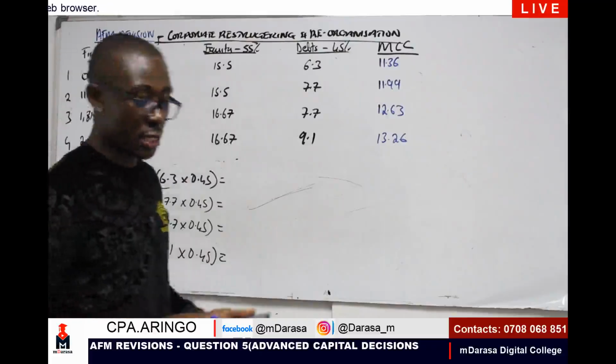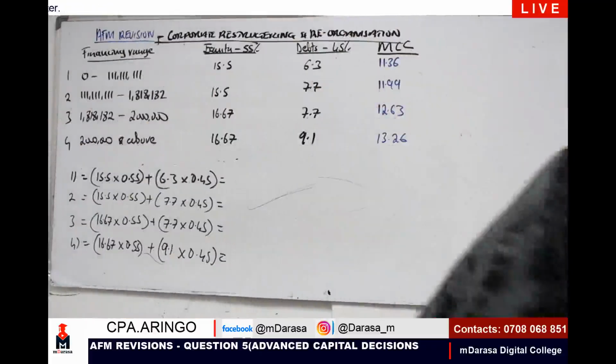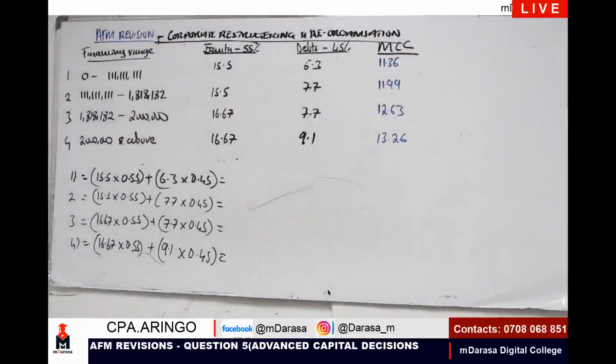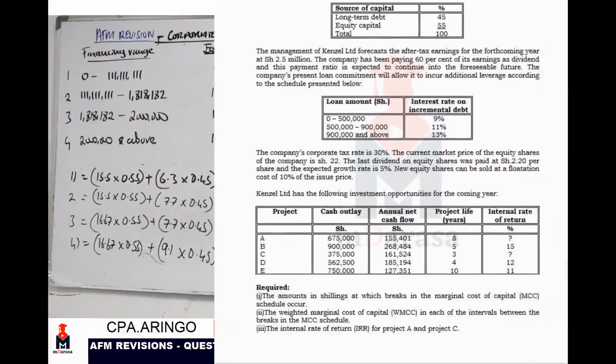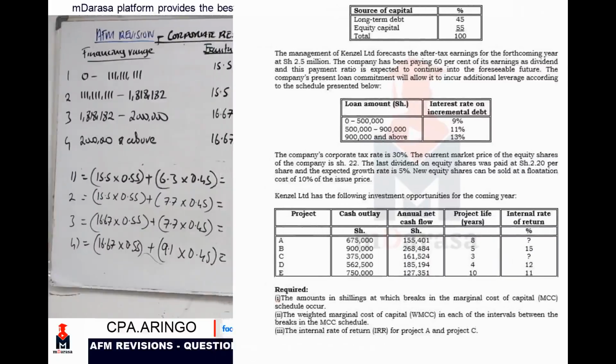The next part of the question asks you to determine the internal rate of return, IRR, for project A and project C. It is the same project that I was given, so this is quite easy. Why is Mwalimu saying that this is easy?